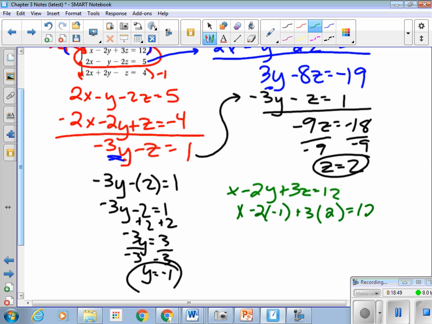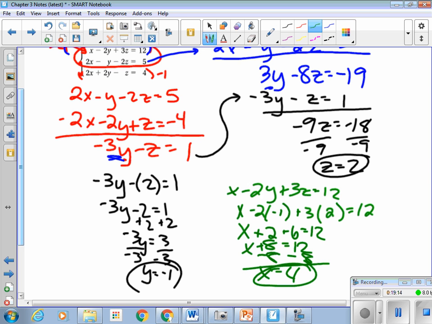And we know when we do this math shenanigans to it, it equals 12. Almost done. Negative 2 times negative 1, positive 2. 3 times 2 is 6. Equals 12. 2 plus 6 is 8. Minus 8 from both sides. X is equal to 4.